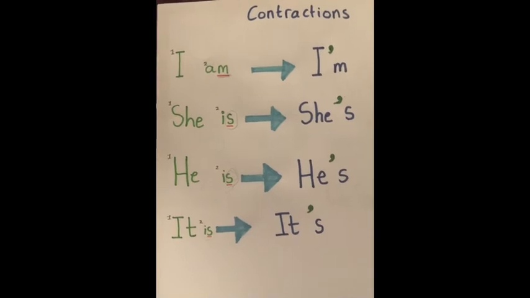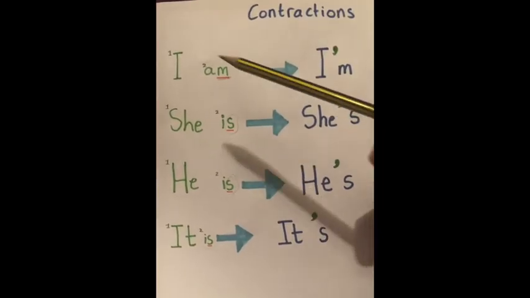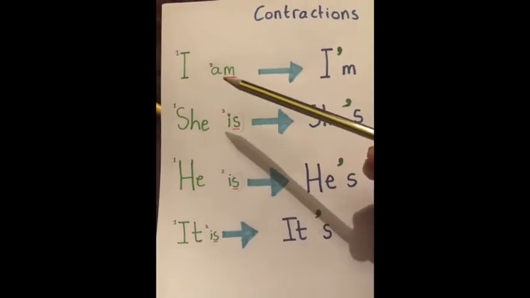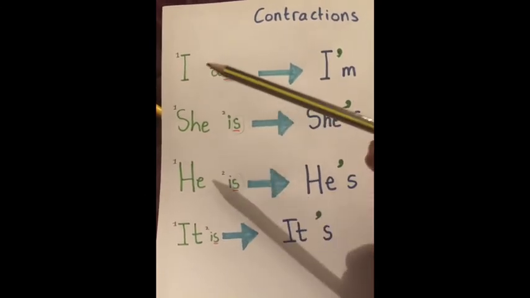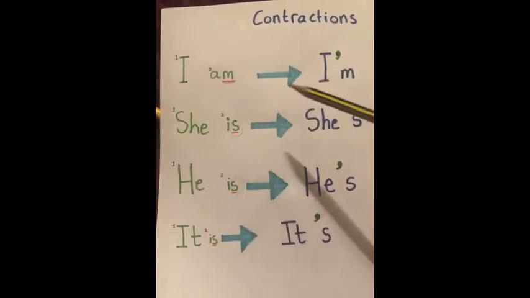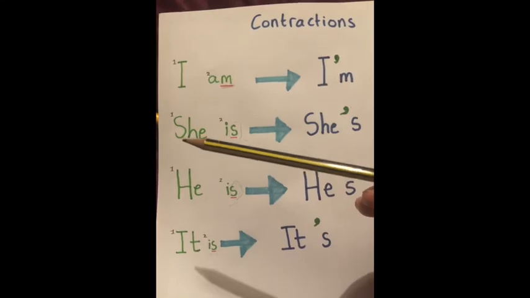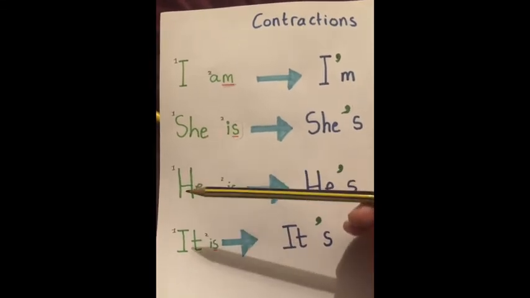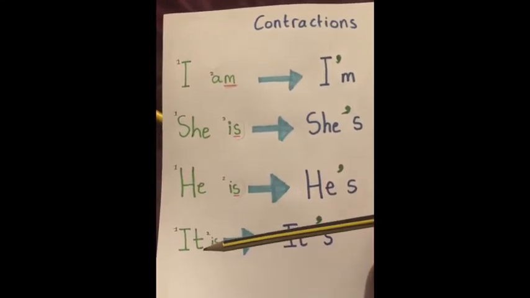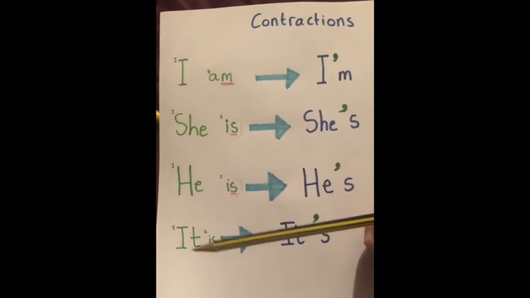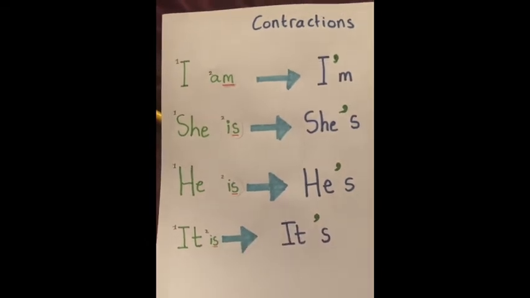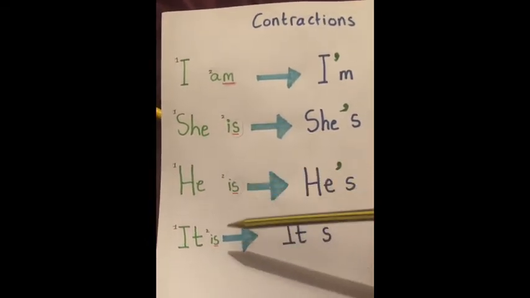Okay, so now we know that the helping verb am is used with I am happy, and the contraction of I am is I'm. When we are talking about one person or one thing, place, or animal, one, remember the number one, we use is. Okay?